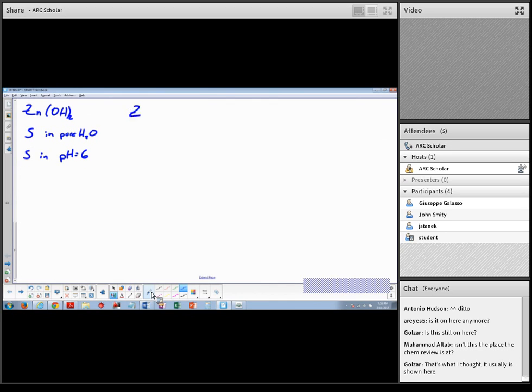We're looking at Zn(OH)2. This is the solid. This is a double arrow. And so we are forming the ion Zn2 plus, and we have 2 OH minuses.